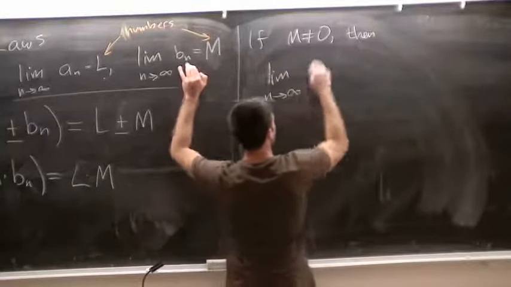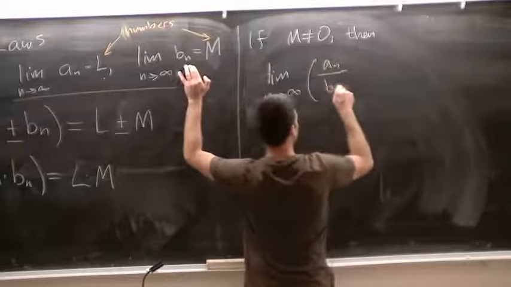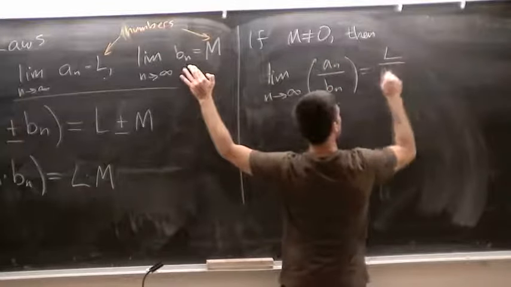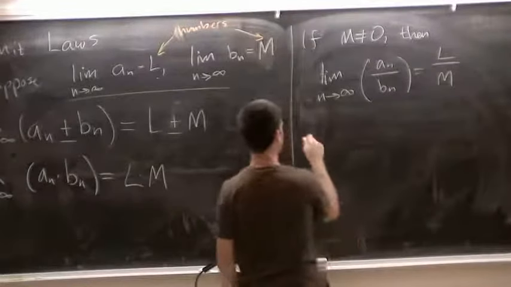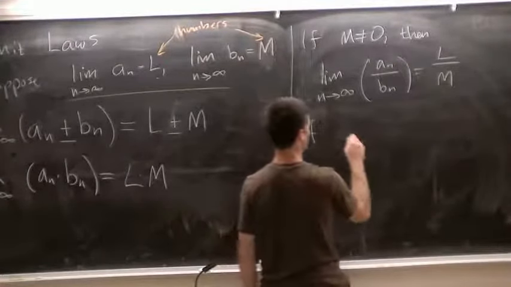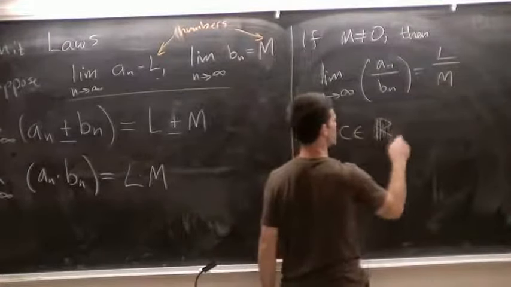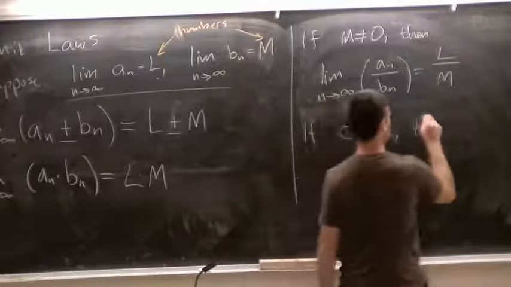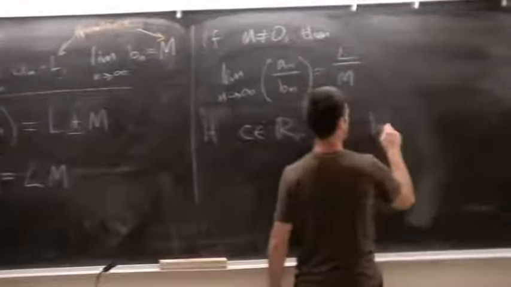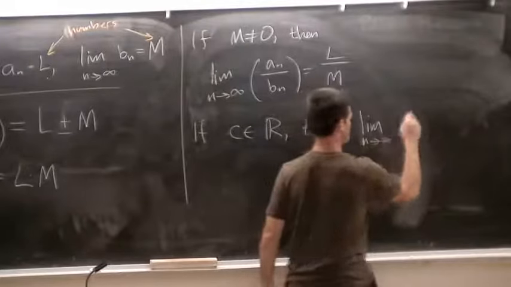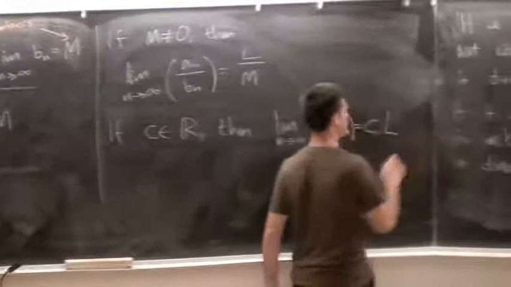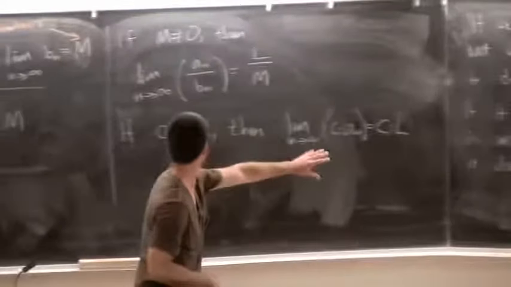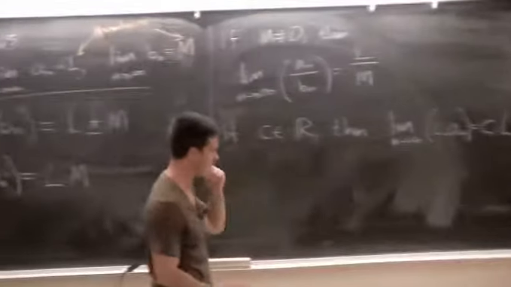So a_n over b_n goes to L over M. And finally, if c is just some number, then the limit as n goes to infinity of c times a_n is just c times the limit. So again, just what you would hope it would be.